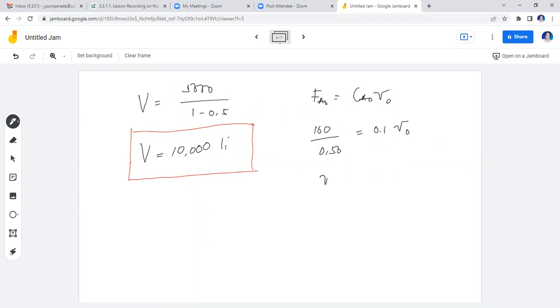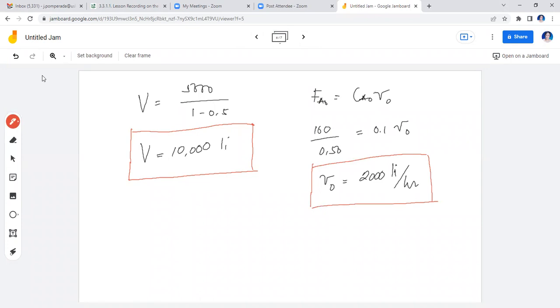So you now have the small v sub O. So it's 2,000 liters per hour. Okay. So we have this now as our feed rate. Okay, so we have answered letter E.